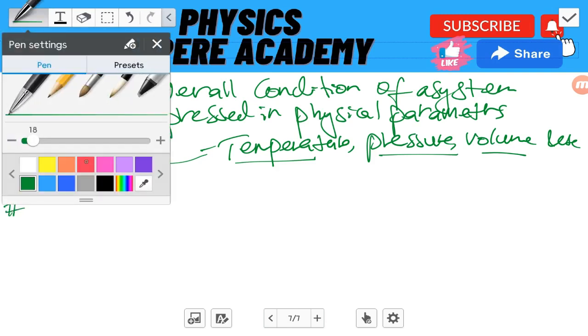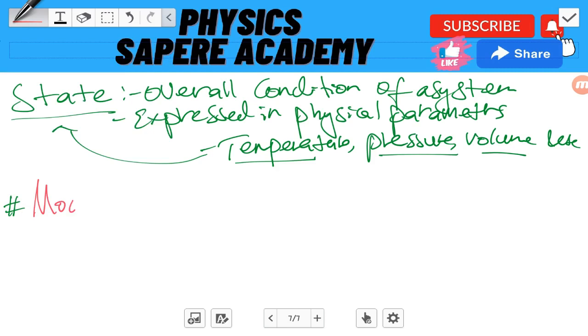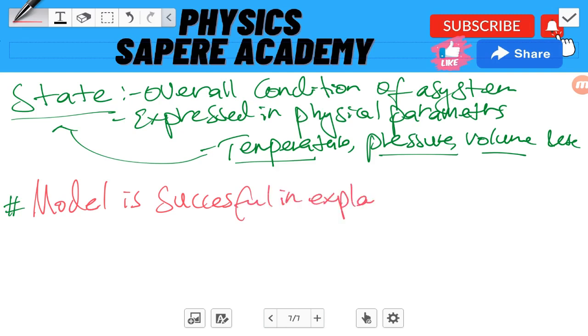Now, the other thing that we can observe is that thermodynamics is also successful. The thermodynamical model is successful in explaining the bulk properties of matter.